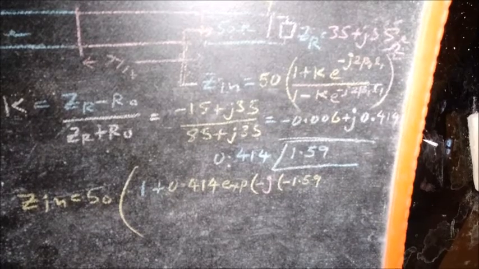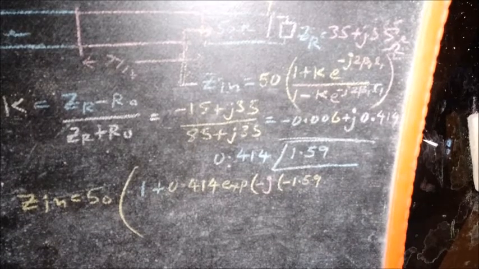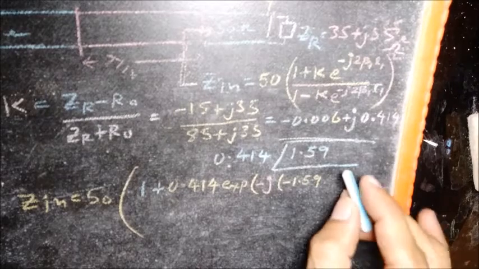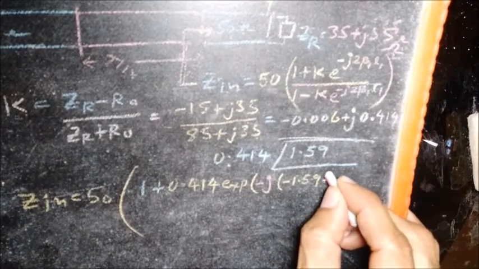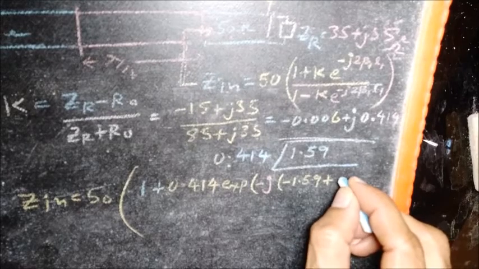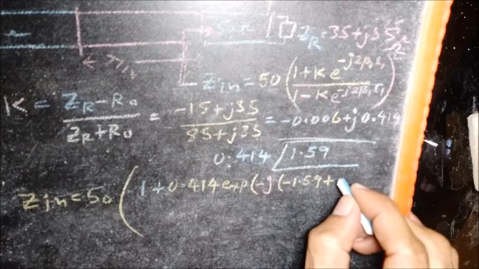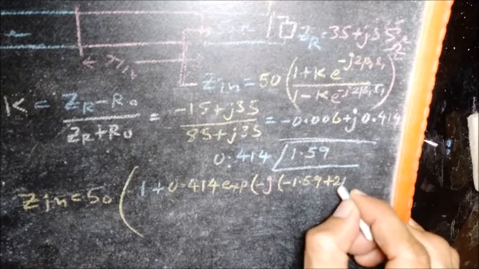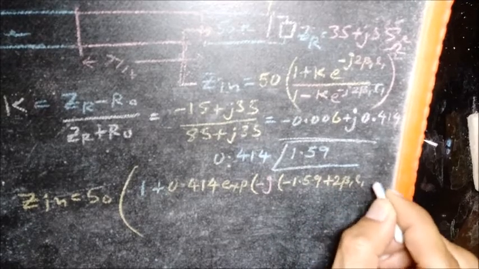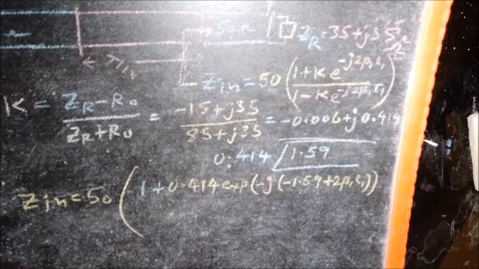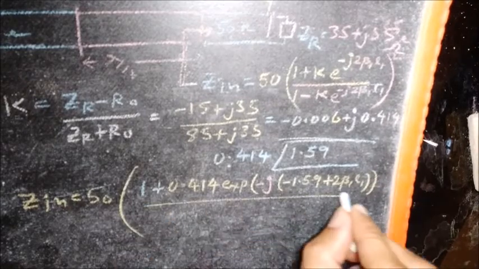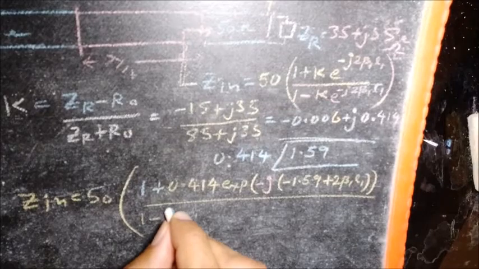So if you recall, we used to write e raised to j, within brackets we had phi minus 2 beta s. So minus 1.59 plus, since I have minus j here and I am closing this bracket, now we have plus 2 beta 1 L1, divided by 1 minus the same thing.